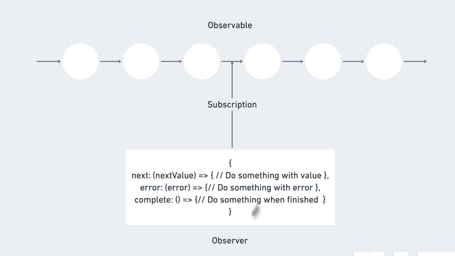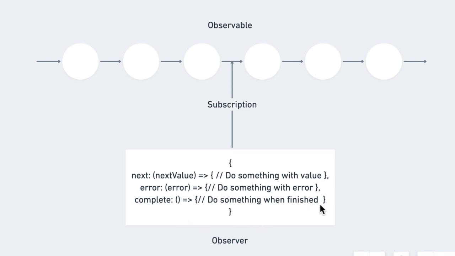So our observer is listening to these values and we're subscribing to this observer's stream of events. So what we do here with our observer is we're saying, hey, observable, I'm going to give you my function calls. Whenever a new event comes in, I want you to call the next on it. Whenever an error comes in, I want you to call the error. Whenever it completes, I want you to call the complete. And that's all it is.